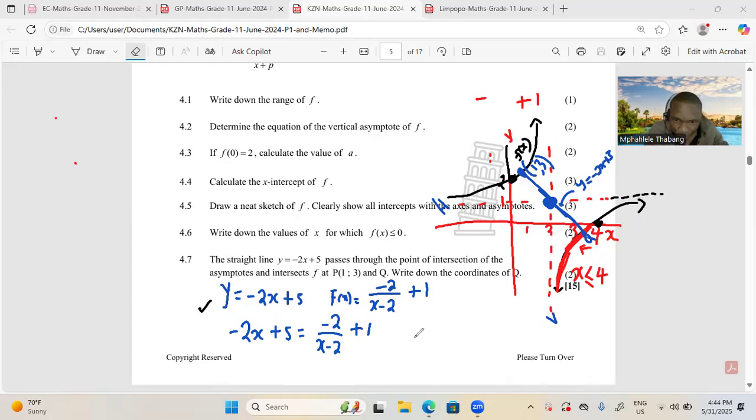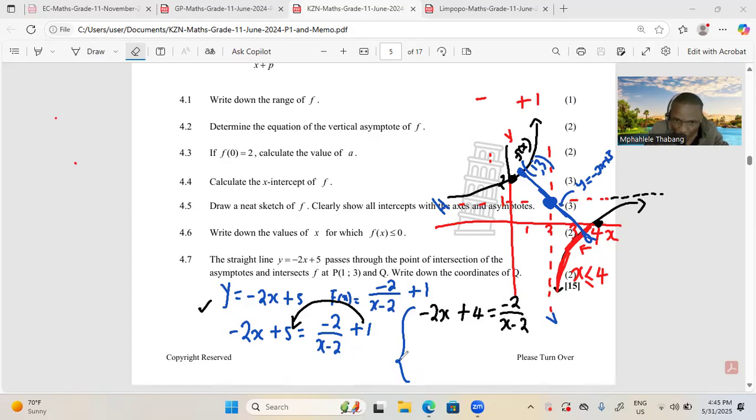This becomes minus 2x plus 4. I'm taking the positive 1 to this side, so it becomes negative: 5 minus 1 is 4. So minus 2x plus 4 equals minus 2 over x minus 2.